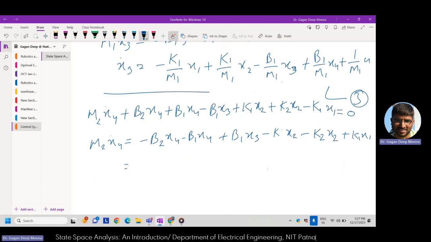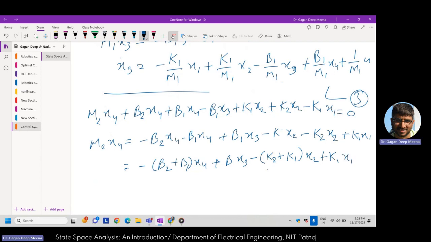Then I can simplify it a little bit: minus of b2 plus b1 multiplied with x4, putting these two terms together, then I have b1 x3, minus of k2 plus k1 multiplied with x2, plus k1 x1.